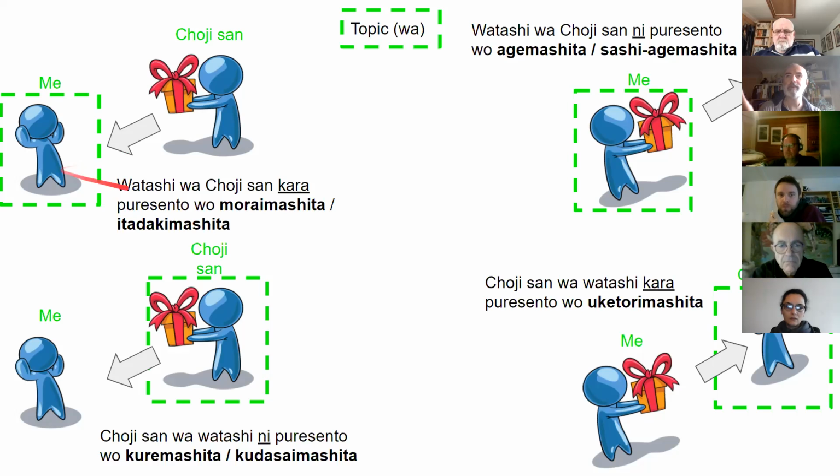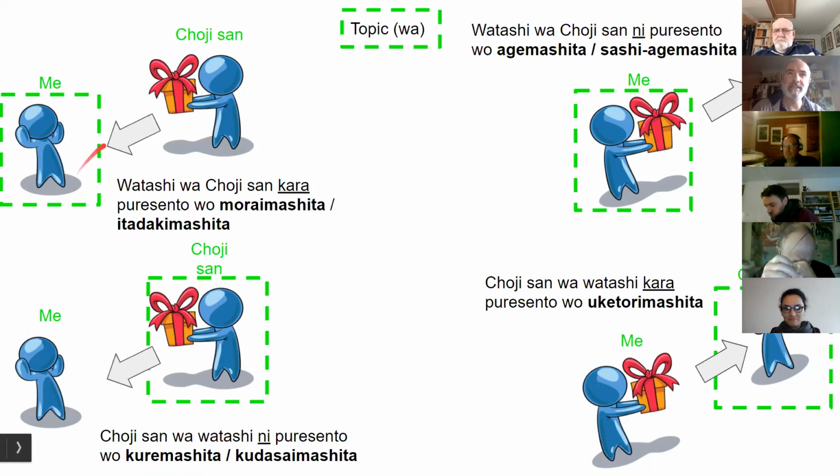For example, agemashita means giving, but it also means raising up. So you elevate the person that you're giving the present to. When we use kuremashita or kudasaimashita, this means passing down. So you put yourself in a position lower than the person who's giving you the present.